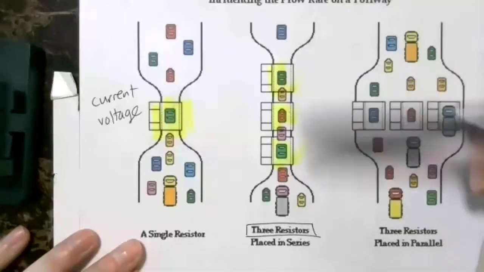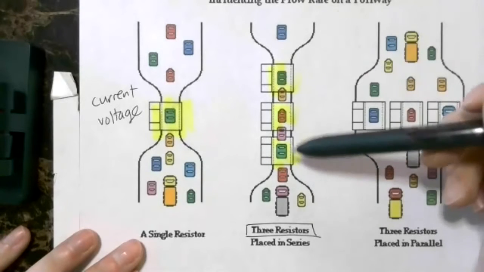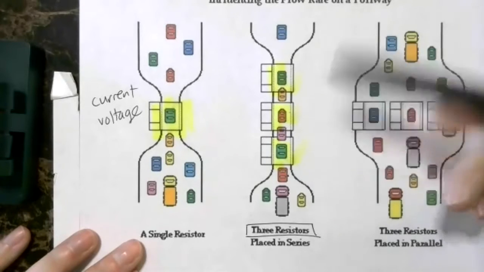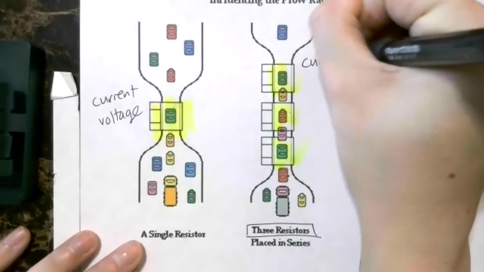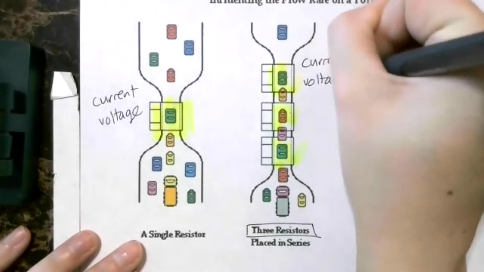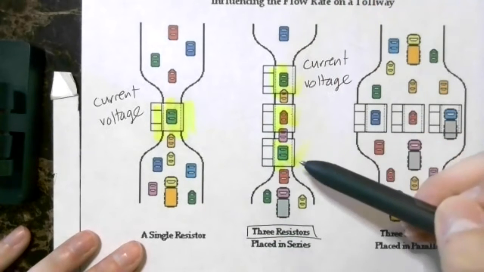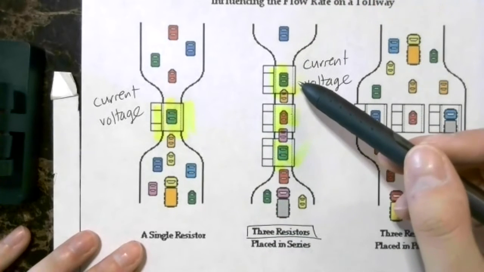We'll do some number calculations next time, but just consider how this kind of bottleneck might affect the current or the voltage, right? So imagine you've got a lot of traffic and you can only go in one lane.